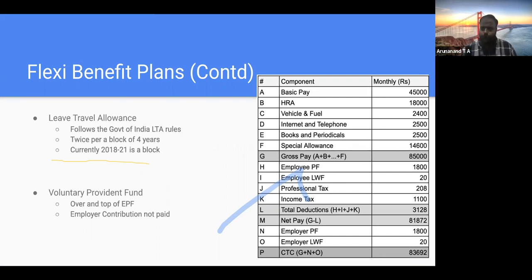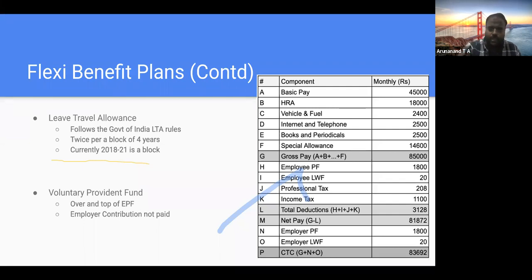And this special allowance is fully taxable. Are you okay with it? Then the employee will say, sir, don't give me special allowance as it is. Split the special allowance into these heads, these flexi benefit plans, and that's how you should give it to me, so that at the end of the year I'll provide you bills, and so that I can save some tax.